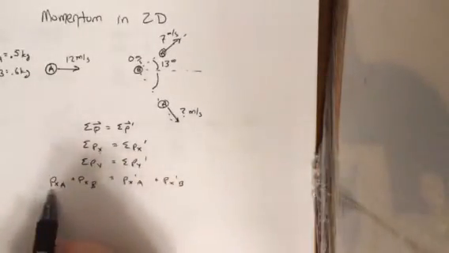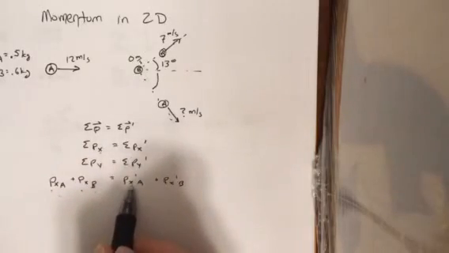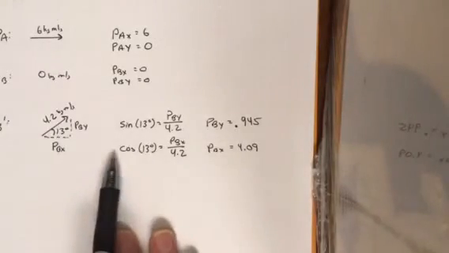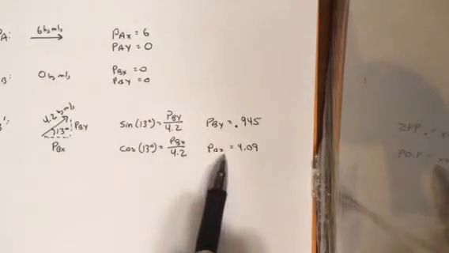We said that we need PXA plus PXB to be PX prime A plus PX prime B. So PXA, we just found to be 6. PXB was 0. Sorry, you're not seeing what I'm writing, are you? 6 plus 0. PX prime A, we don't know, but PX prime B, we know is 4.09.